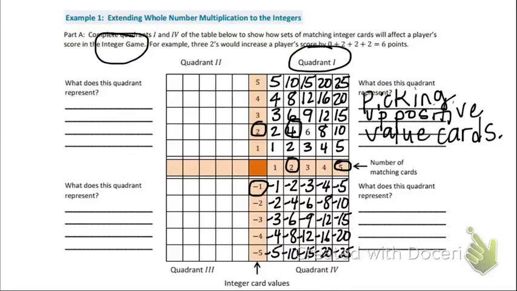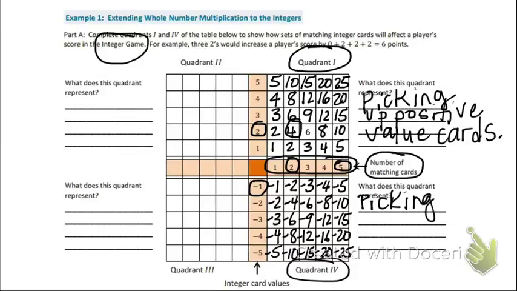Okay? So then what does this quadrant represent? We're talking in terms of quadrant 4. Again, we're still picking up, because this number here is positive. So now we are picking up or drawing negative value cards. All right.